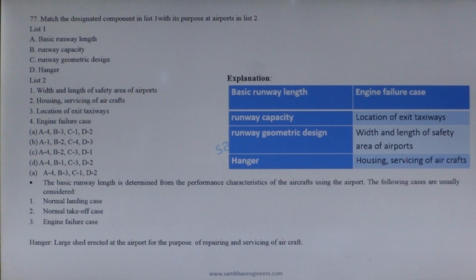Next question. Match the designated component in list 1 with its purpose at airport in list 2. Basic runway length: the design of basic runway length of airport is based on 3 considerations: normal loading case, normal takeoff case, and engine failure case.